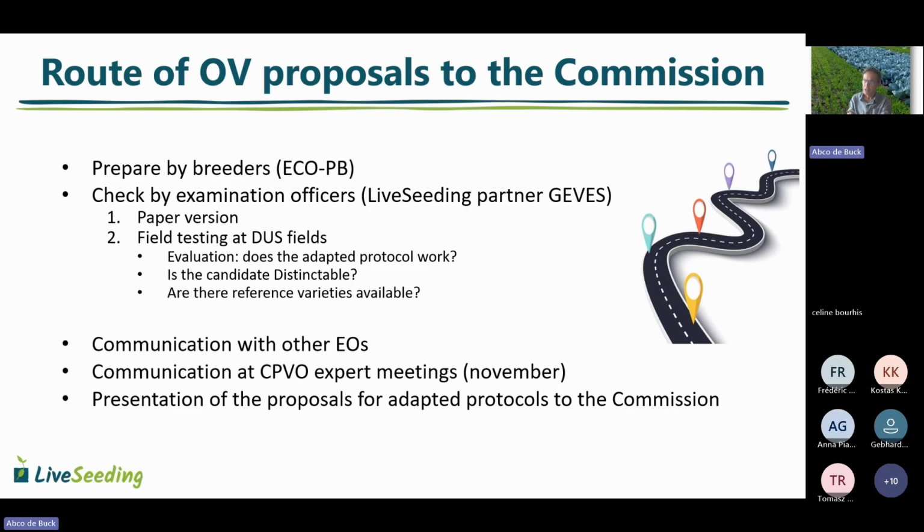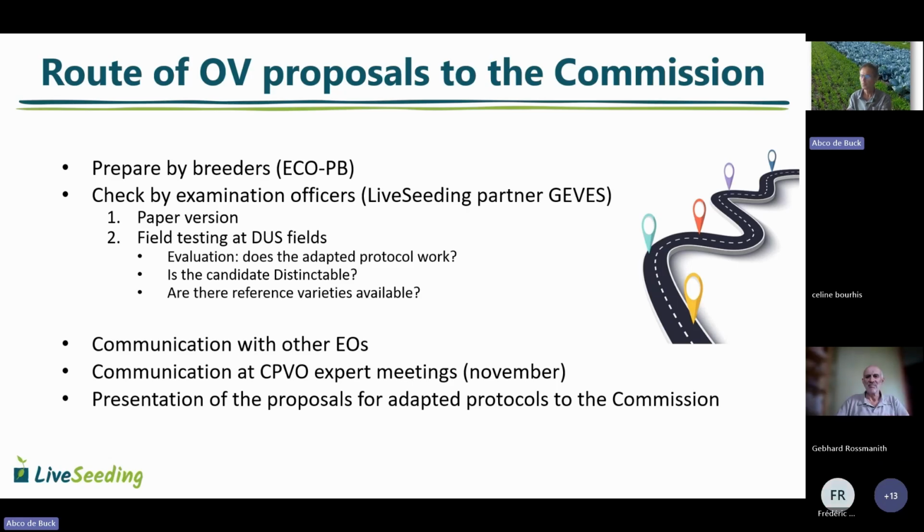The next step will be communication with other examination offices, which are the most important for the crop at stake. In the meantime, I see a raised hand from Gebhard. Please go ahead. Yeah, thank you. I want to mention that the organic varieties will be compared with all other varieties.